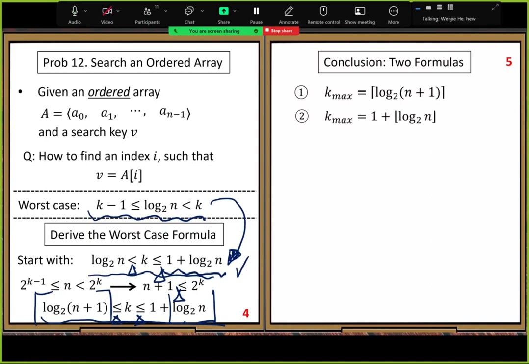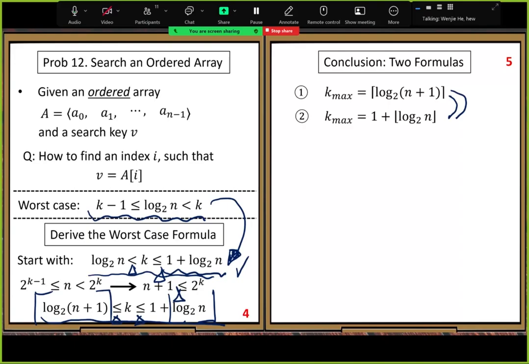The second formula: k max equals 1 plus the floor function of log base 2 of n. Although these two formulas have different expressions, they are the same. But it's hard to see why they are the same.